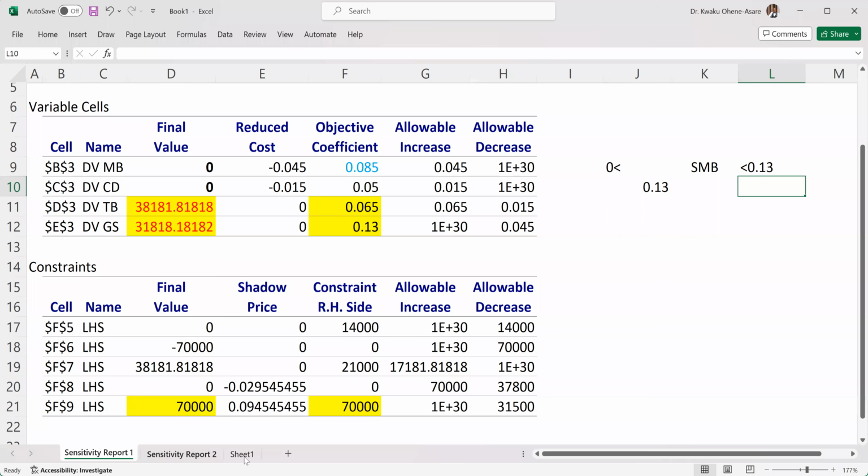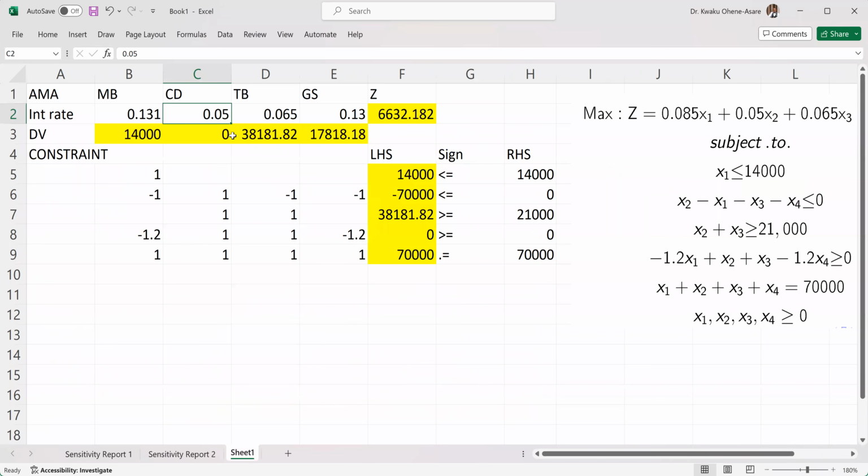Now, I can just confirm this. Let's just go to this and just change the value, not to 13.1, but just to 13. Okay. Let's confirm this once and for all. So this time I'm changing it to 13 so that we'll know that that is the minimum that will motivate Ama to invest. I hope you guys know what I'm doing.